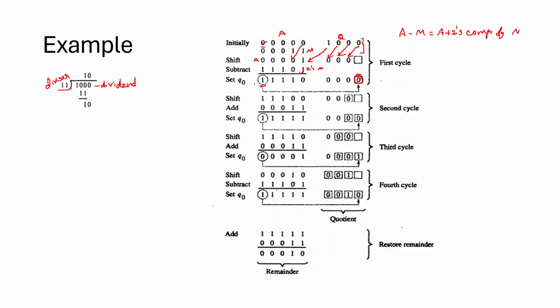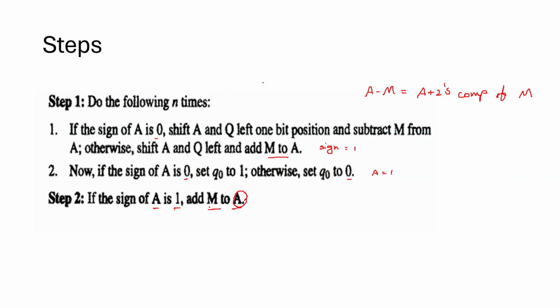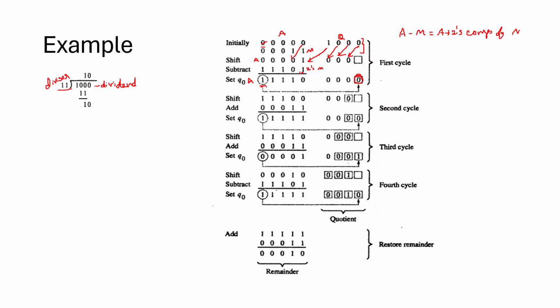For the next cycle, this is the value of A. Now again see, if the sign of A is 1, you have to do shift and add M to A. The sign bit of A is 1, so you need to perform the left shift operation, and then add M, not subtract. So I am doing the shift operation.